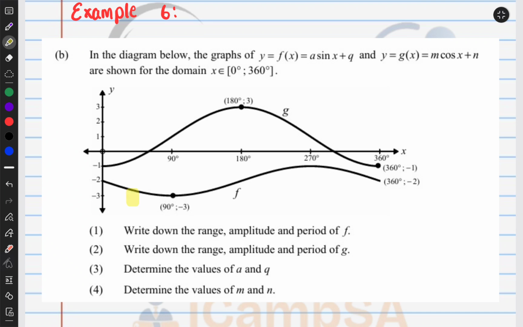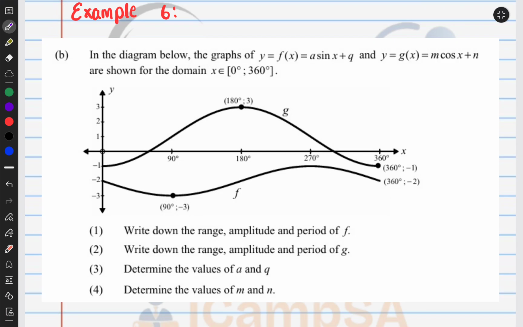And next we have this sinusoidal function, and it also has been reflected or flipped, and shifted.